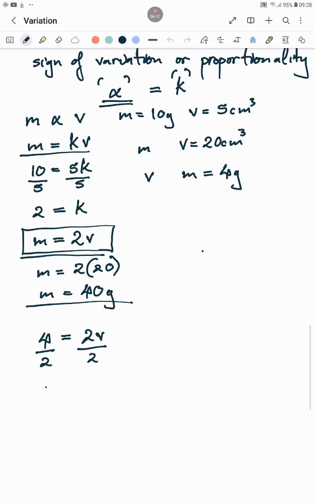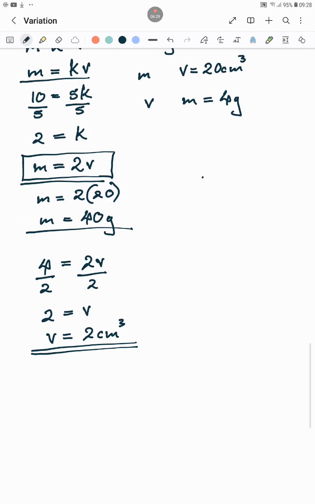When you divide both sides by 2, you're going to get 2 is equal to v, so v is equal to 2 cubic centimeters.